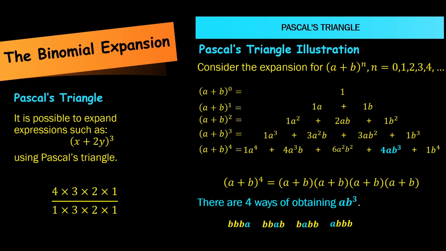And this is why we've divided 4 times 3 times 2 times 1 by 1 times 3 times 2 times 1. We can write this as 4 factorial over 1 factorial times 3 factorial, or 4 choose 1. This of course gives us 4.